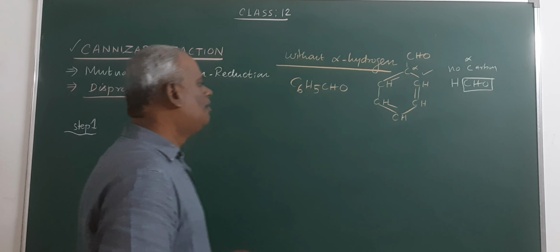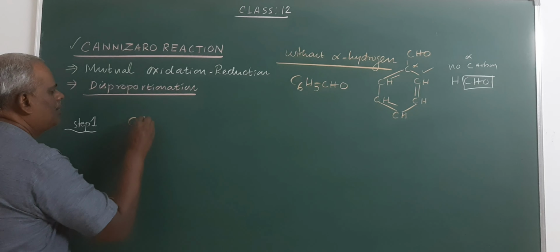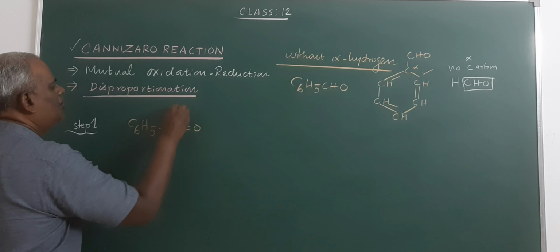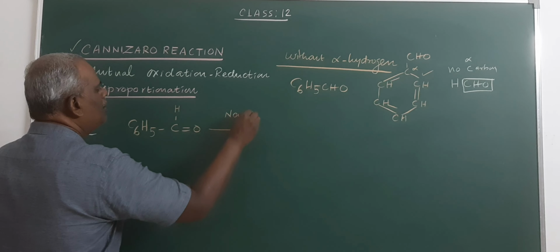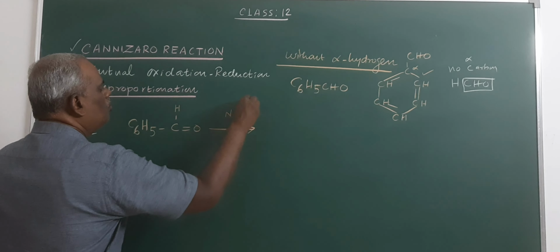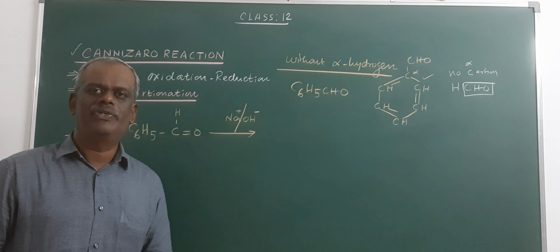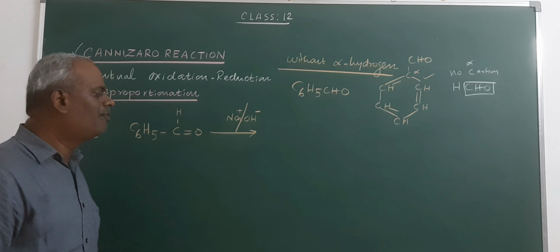Step 1, where we will take the benzaldehyde, C6H5 C double bond O H. The reagent is sodium hydroxide, NaOH. That would be dissociated to form Na plus and OH minus. We know that OH minus can behave like a nucleophile.